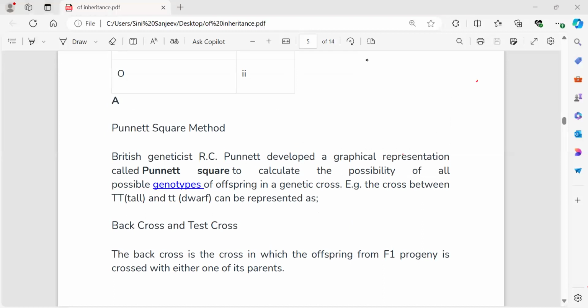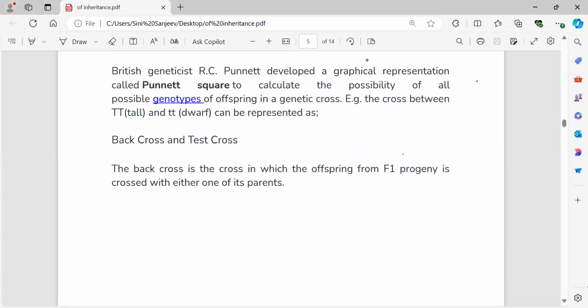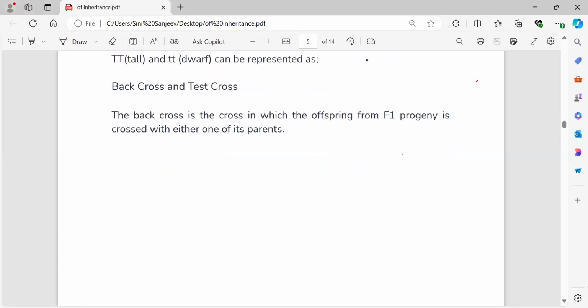I'll just draw it, just a second. So suppose you are doing a back cross. I'll take the example of the same thing, capital TT and small tt, that is the homozygous tall and the dwarf.